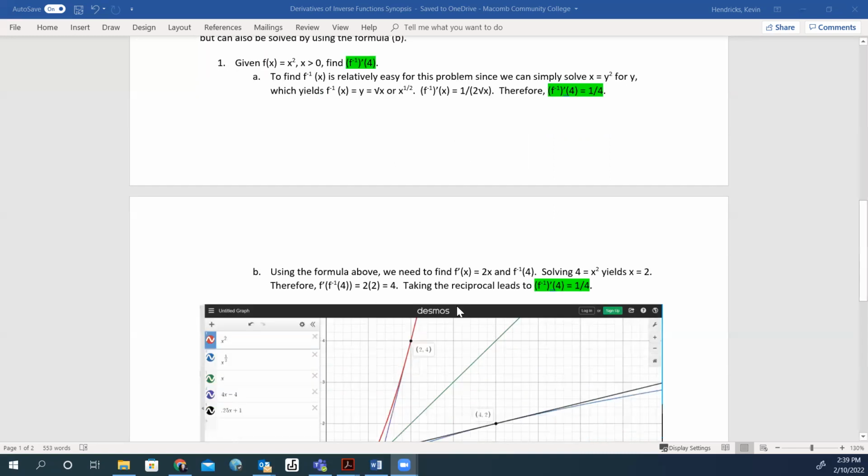Or you can use the formula, which really is a little bit trickier, because you have to remember to swap your x's and your y's. So what we'll wind up doing is find the derivative of f of x evaluated at 2.